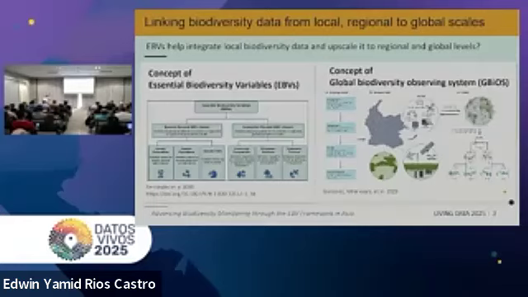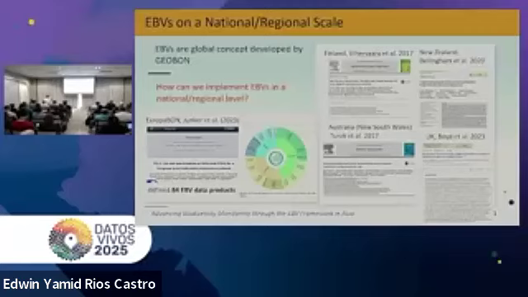In this context, the EBV framework can help integrate local biodiversity data and scale it up to regional and global levels, and support the design of more efficient, connected observing systems. So how can we implement EBV at national or regional scales?